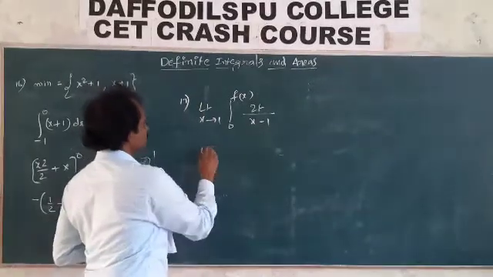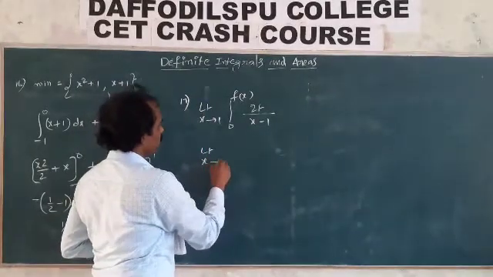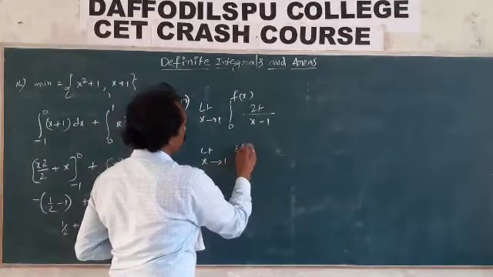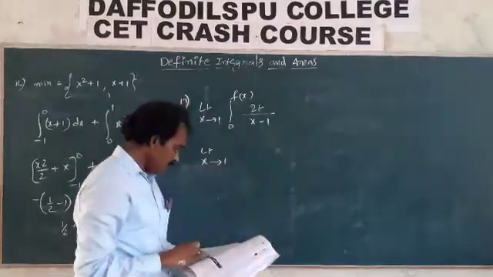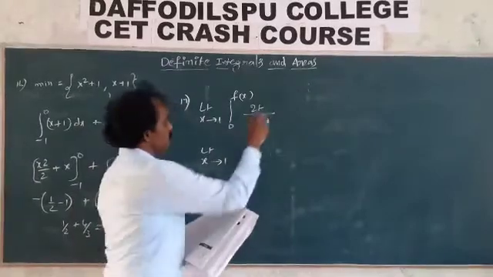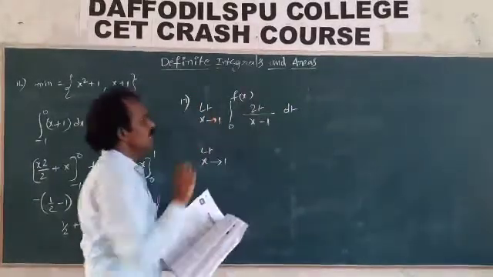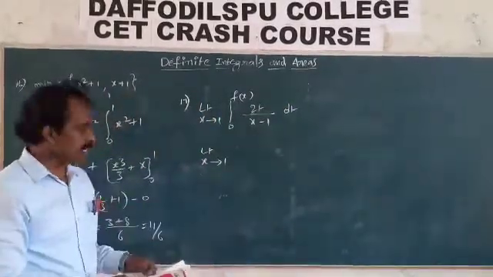So this can be written as limit x tends to 1, dt. Dt means t is the function inside the integration.